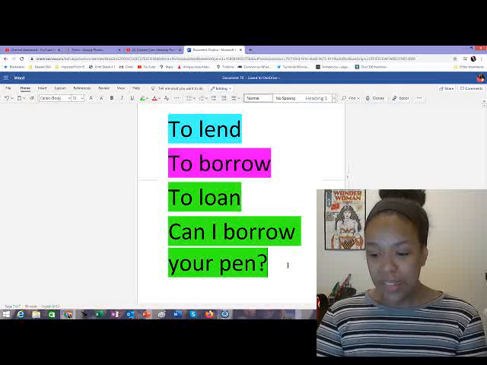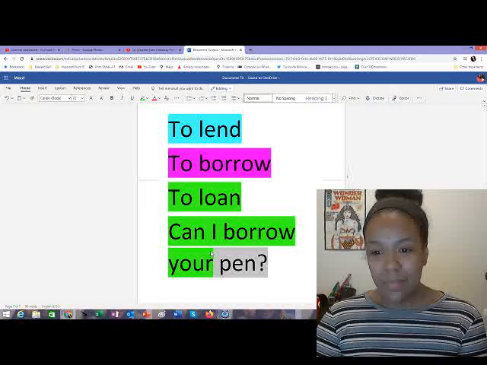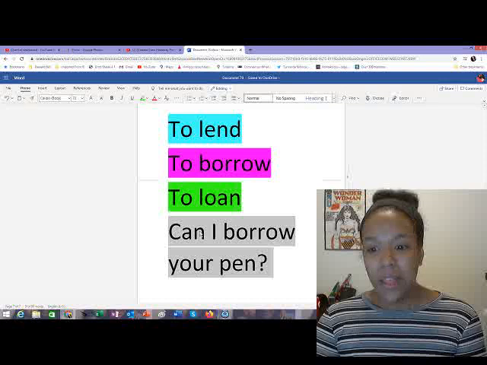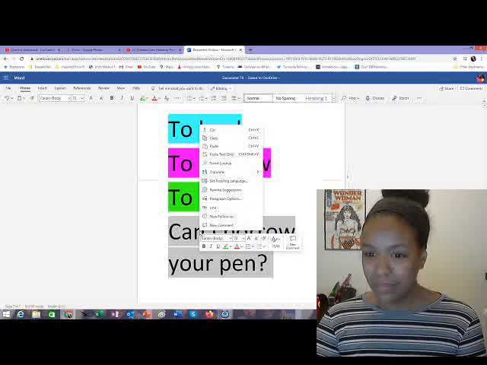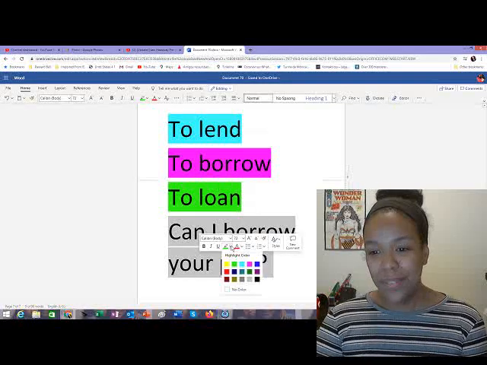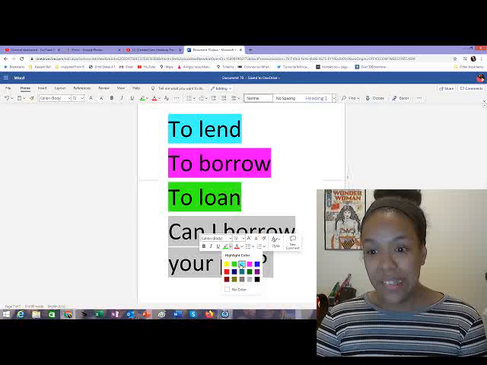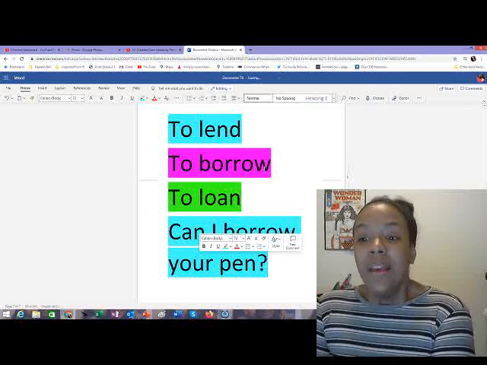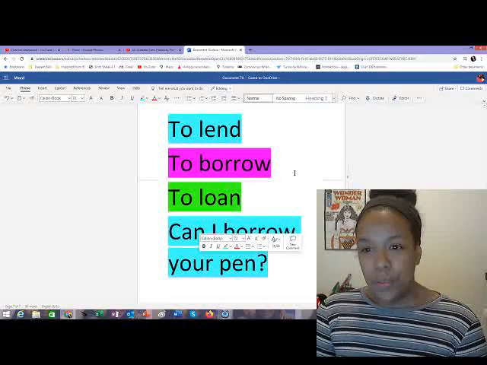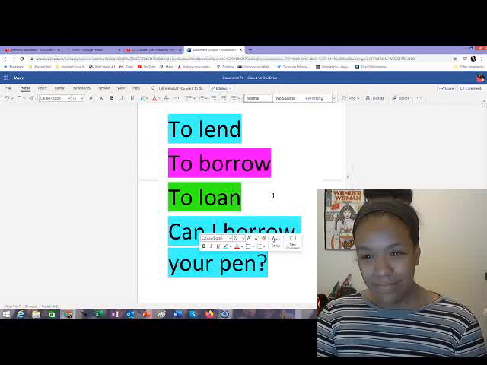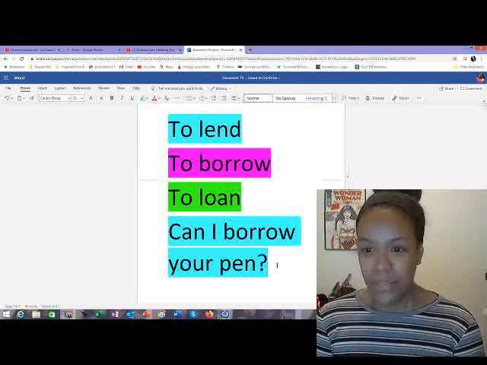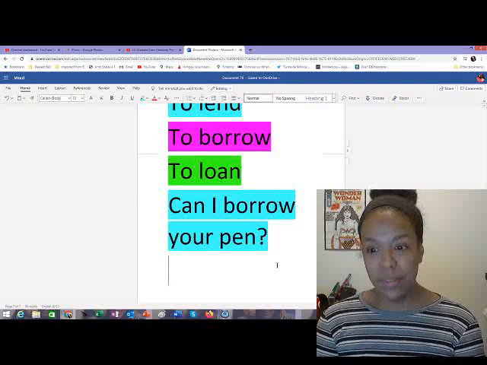Another possibility would be to say the very same sentence using the verb to lend. But we have to make some changes, right?